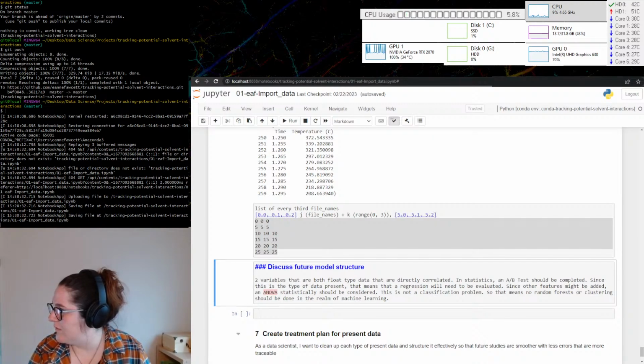Off camera. Okay, cool. I have found the file location. That's good. Okay. CD.